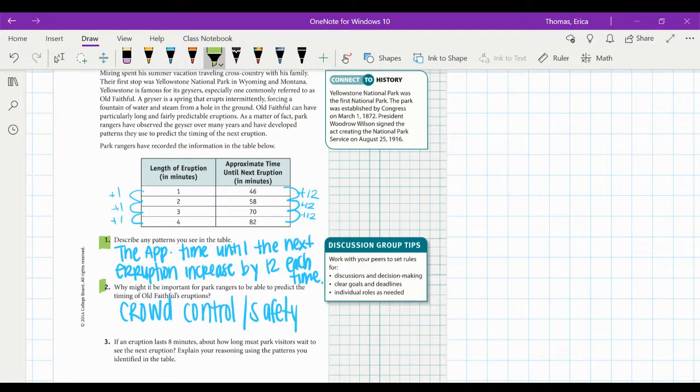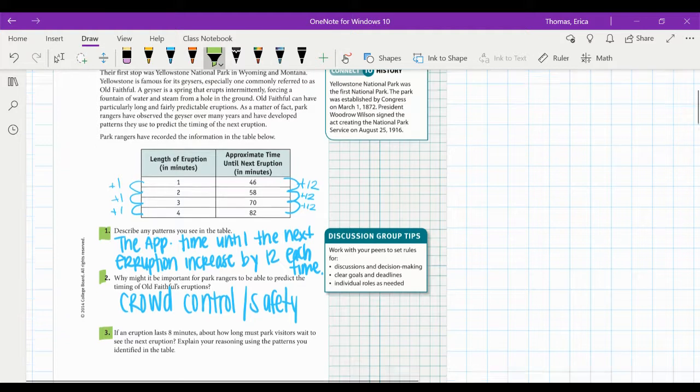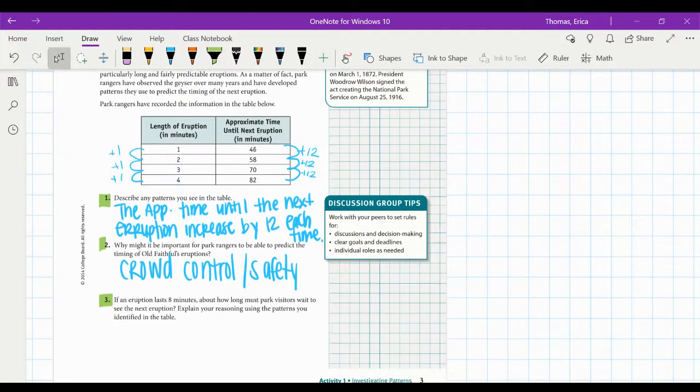Okay, number 3, if an eruption lasts 8 minutes, about how long must park visitors wait to see the next eruption? So our question is, how long must park visitors wait to see the next eruption? Explain your reasoning using the patterns you identified in the table.